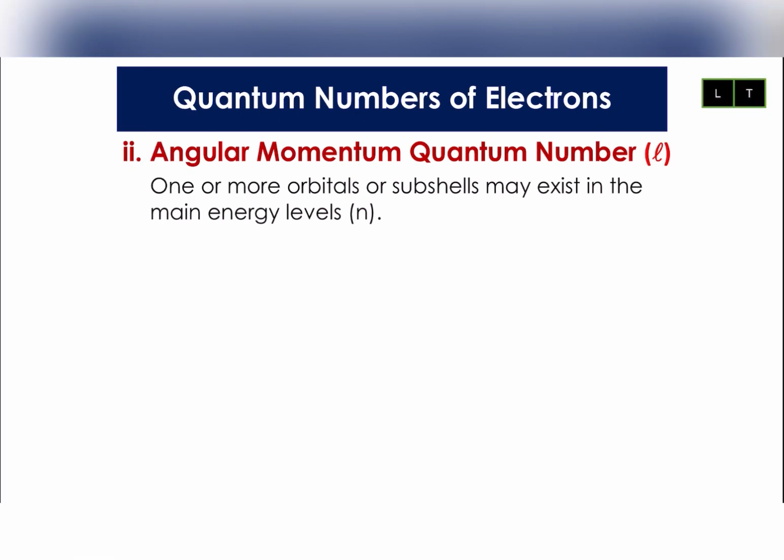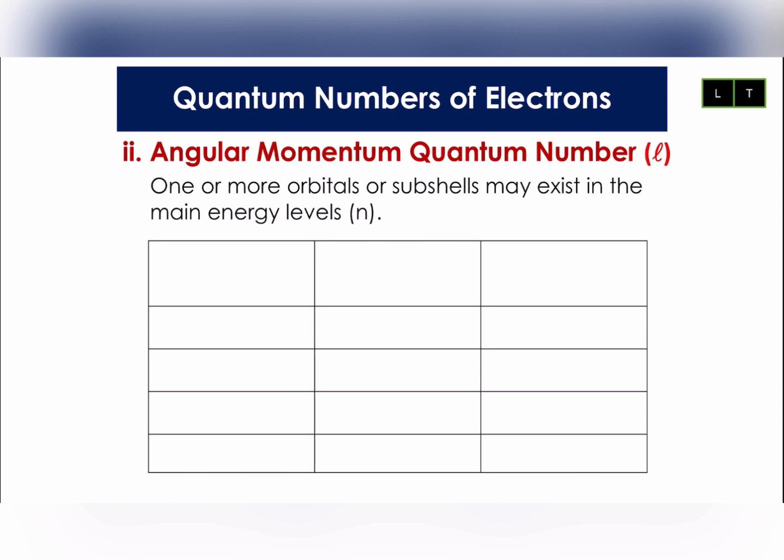The L value can also determine the types of orbital, which exist in the different subshells in the main energy levels.